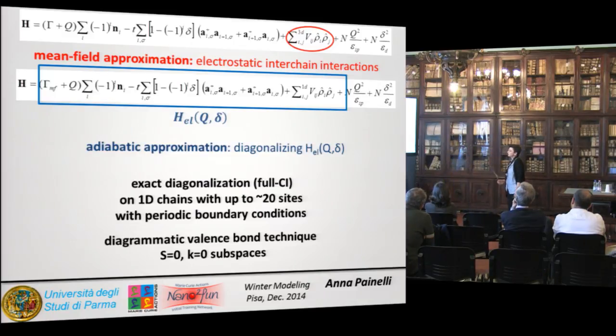It is already a big system, because it is a full CI. The trick to do that is the diagrammatic valence bond technique. So I will work in the singlet subspace, considering only k equal zero, so only Brillouin zone center states, because these are the states which are relevant to optical spectroscopy and to the phase transition.